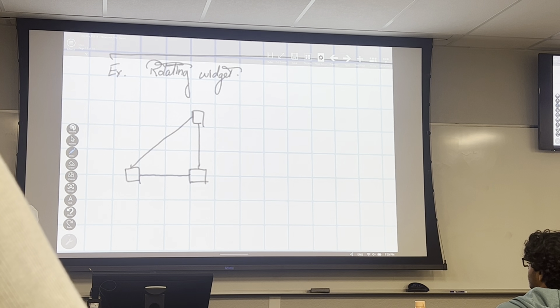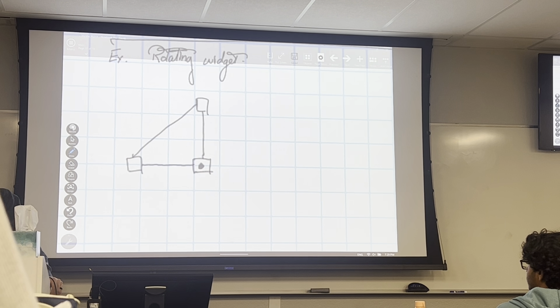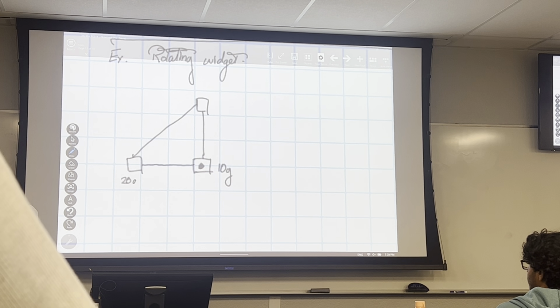And we are forcing the object to rotate right there. We drill it, we put a stake in it, and it's going to be rotating at this block. Let's say this one weighs 10 grams, this one weighs 20 grams, and this one weighs 15 grams. And I also give you the dimensions that this is 3 centimeters and this is 5 centimeters.